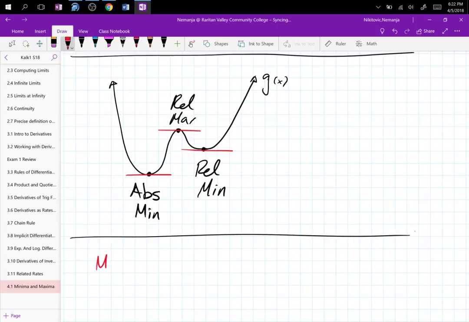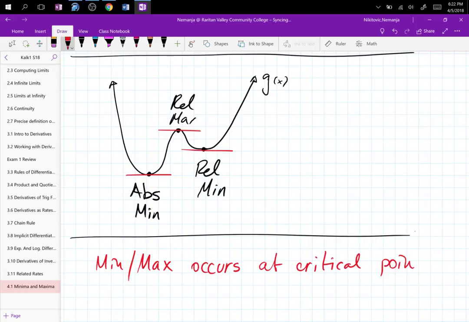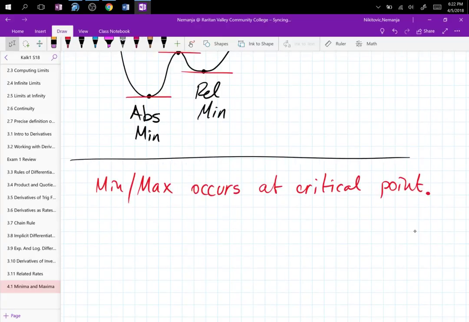Min max occurs at critical point. And now we have to define a critical point. Definition.